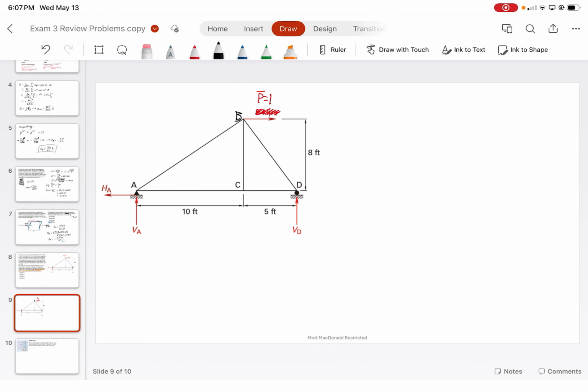From here, we solve for external equilibrium. We'll find HA bar, VA bar, and VD bar. HA bar we know is going to equal 1.